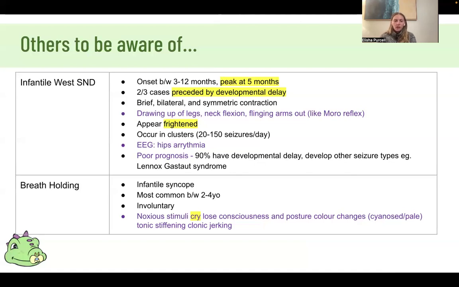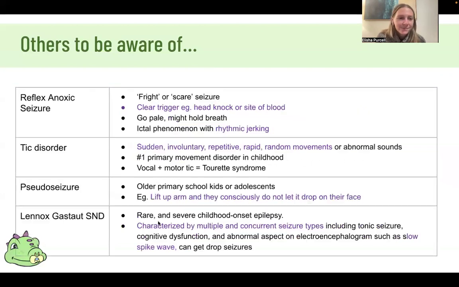So that's breath holding. I remembered it last year. It's come back to me as they're crying so much that they can't catch their breath or they lose their breath, and that's when they appear purple and have this seizure occur. That's just one way to remember it.